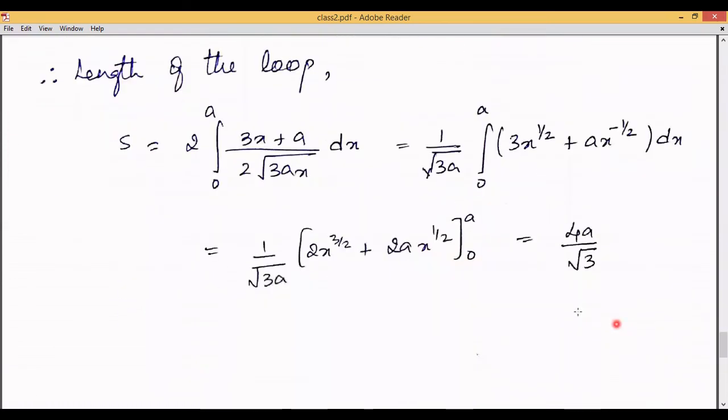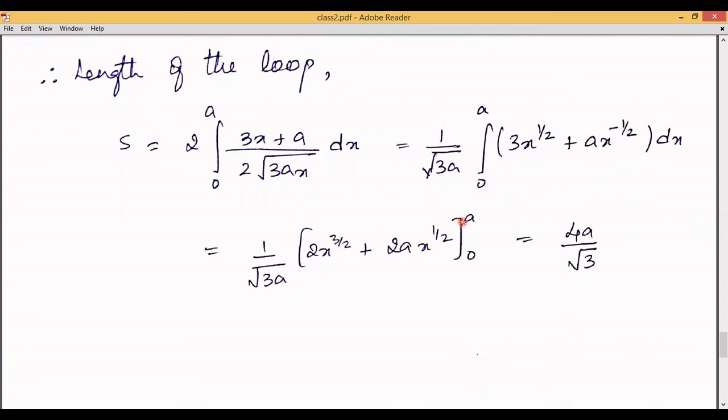When you integrate that with respect to x, you have 2 into x power 3 by 2 divided by 3 by 2, because x power half plus 1 is x power 3 by 2. This 3 and 3 get cancelled and you are left with 3 as the denominator, which is how this 2 comes. And here x power minus half plus 1 is x power half divided by half. So that is 2a into x power half, between the limits 0 to a.